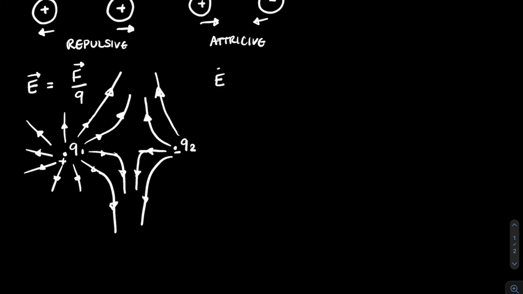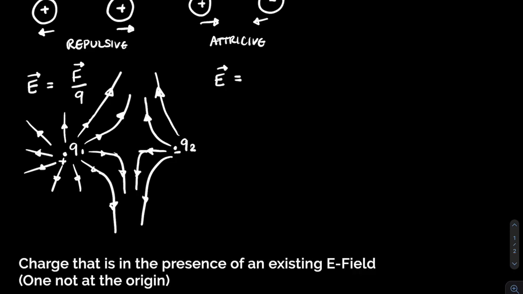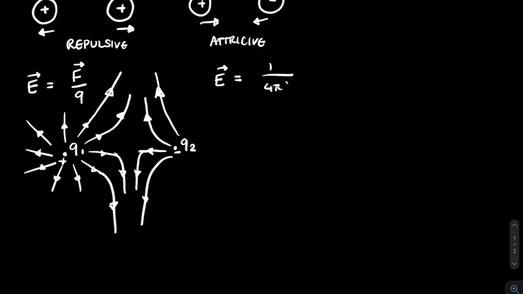So to get what the electric field is, all we have to do is divide by the test charge, if you like, the charge that we're putting into the original electric field. So it's going to be the force over charge. So what are we going to get? Well, we're going to get 1 over 4 pi epsilon naught. Now instead of Q1 Q2 over r squared, it's just going to be the first charge over r squared.